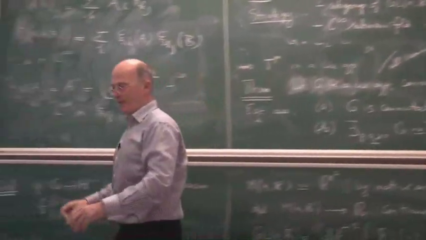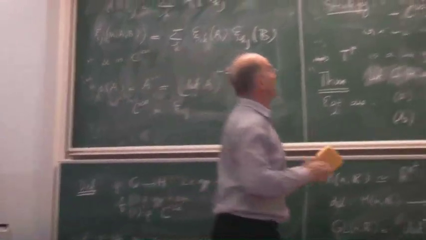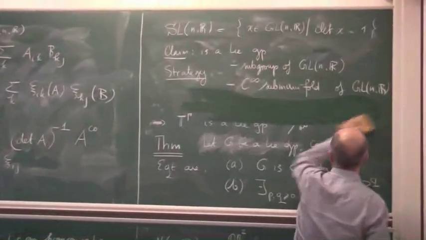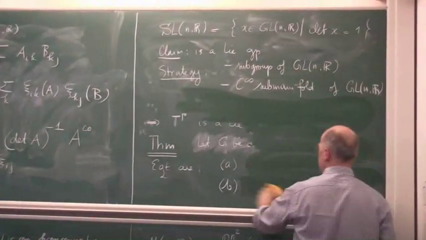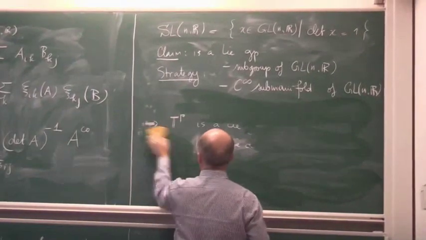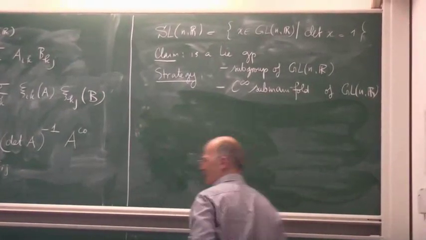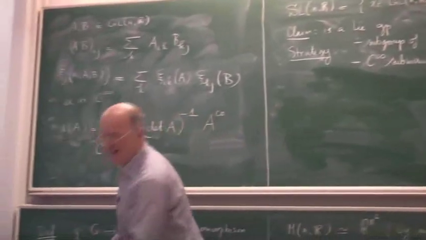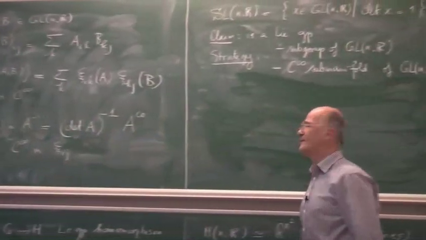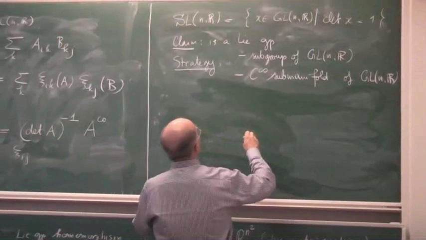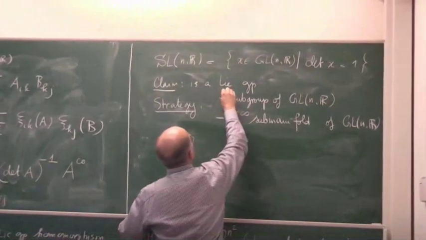Now I can be very brief about the first item. That it is a subgroup is completely evident from the multiplicative property of the determinant. But I could state this in a way that is a bit more fancy, so let's do that anyway.